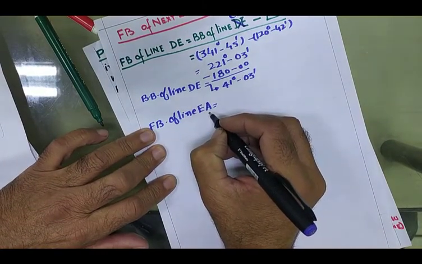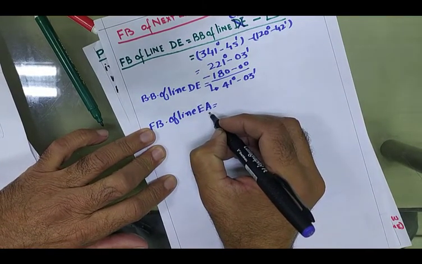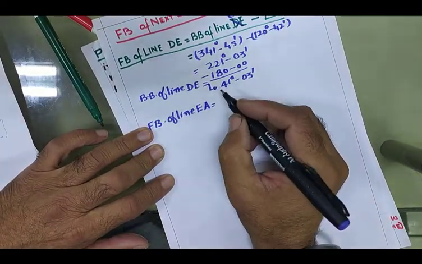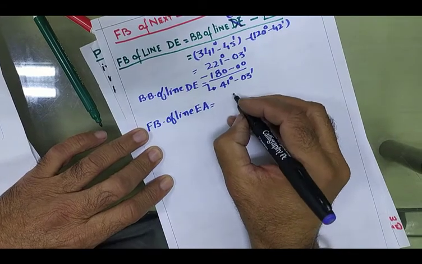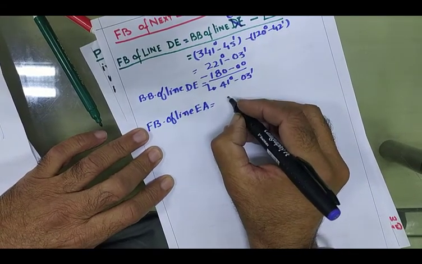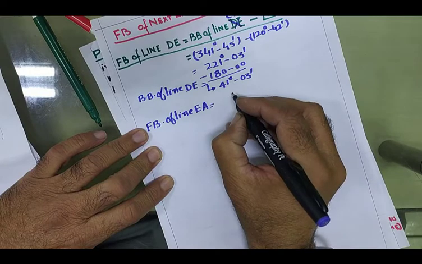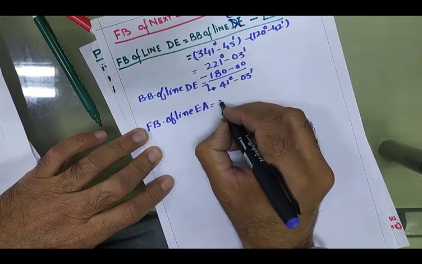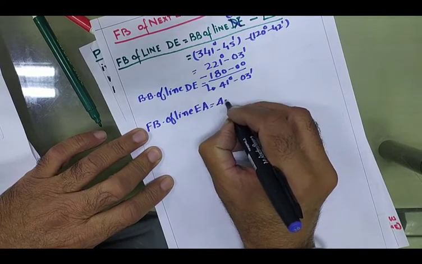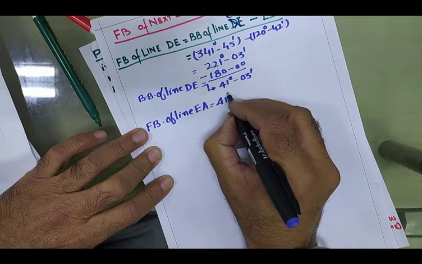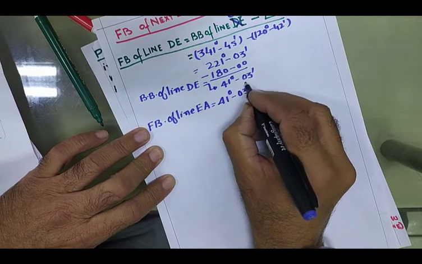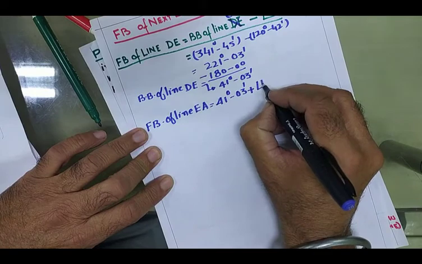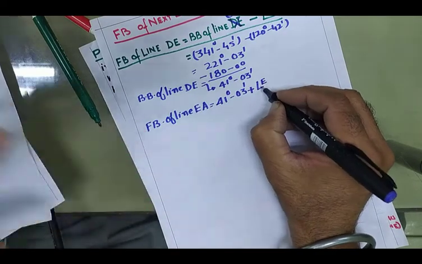Now here I have to take the back bearing. Here I have to interchange the formula. Because the external angle is given, in this case I will take the back bearing of the line, that is 41 degrees 3 minutes. Here then I have to add angle E because it is the external angle.